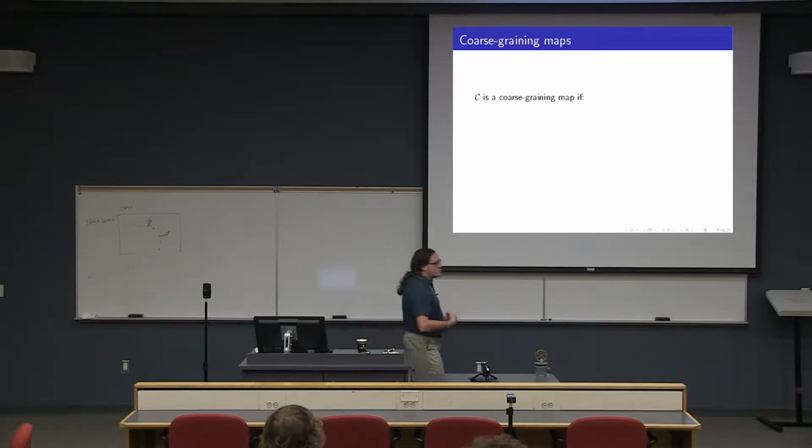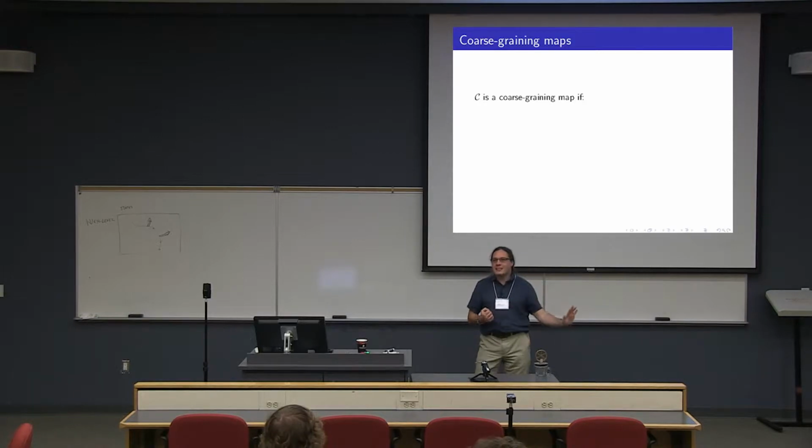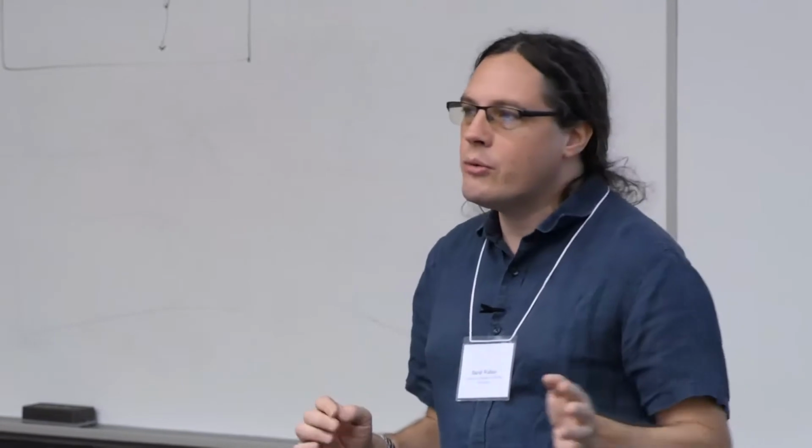And the coarse-grained map is supposed to be some description of the limitations of my ability to intervene on the system. So I can intervene on the system so as to adjust the coarse-grained details, but I can't intervene on the system in any controlled or predictable way to manipulate the fine-grained details that are invisible to the coarse-graining map. That's the kind of intuitive setup. I'll tell you how it works formally in a moment.